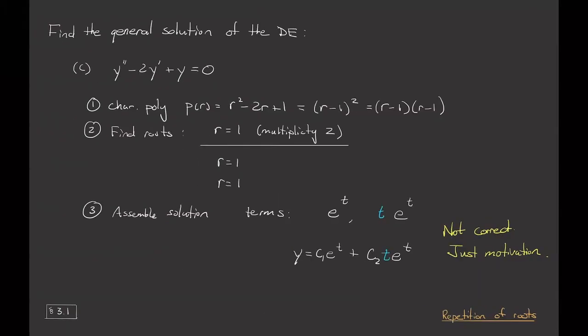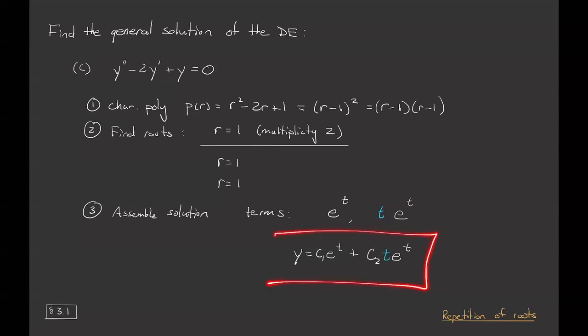Now, I should erase this because now it is correct, and just re-highlight that this is the solution we want. Finally, without going through all the work, but in a similar way to what we saw before, there is a singular solution, and it's just y is equal to 0.